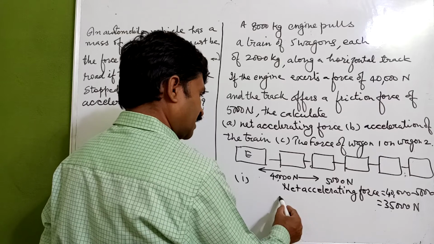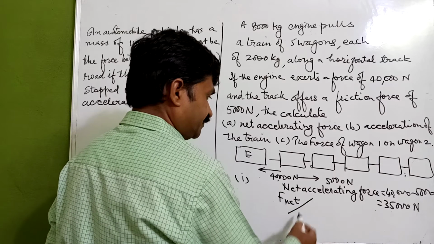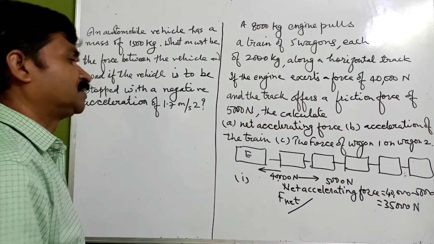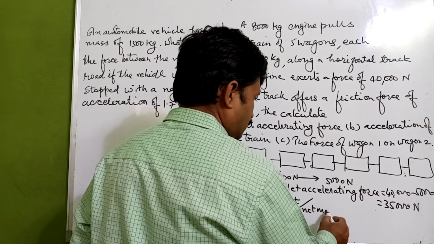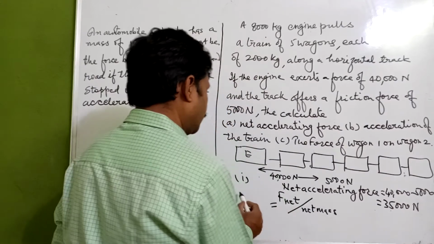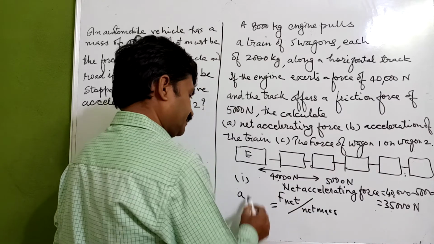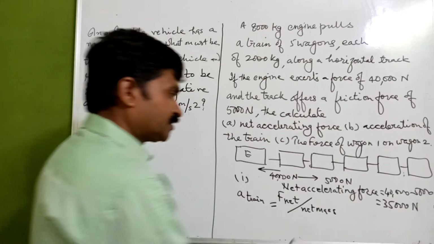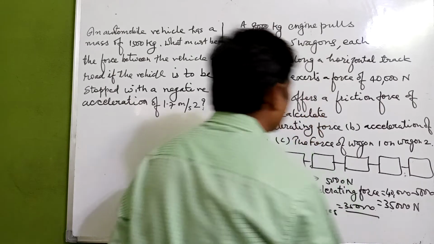For the acceleration of the train, we divide the net accelerating force by the total mass, and this will give the acceleration of the train. Now the force which is acting is 35,000.